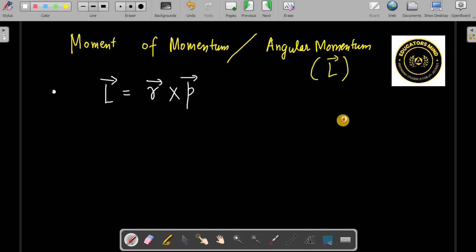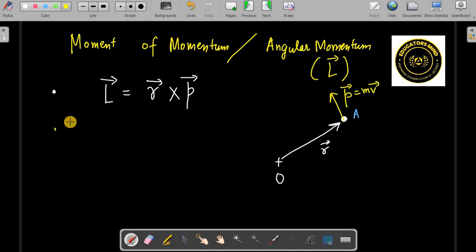Now again, exactly this topic is going to be exactly like the moment of force or torque. Suppose about this point O you want to calculate. This is R vector. Body is at this point A and it is having a linear momentum P vector. Of course, you know linear momentum is mass into velocity vector, right?